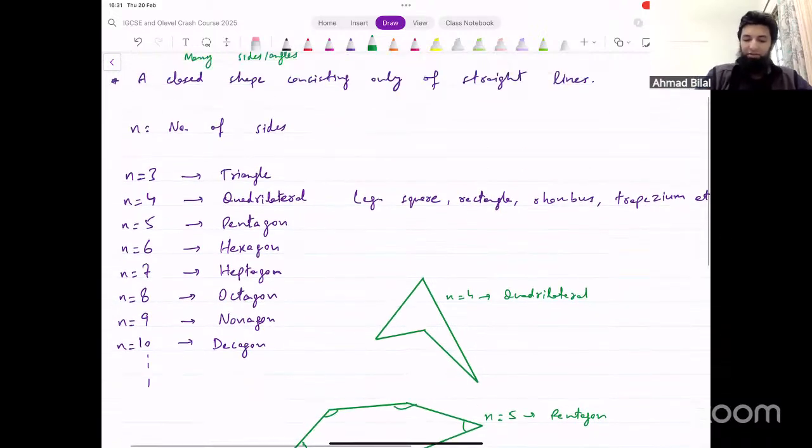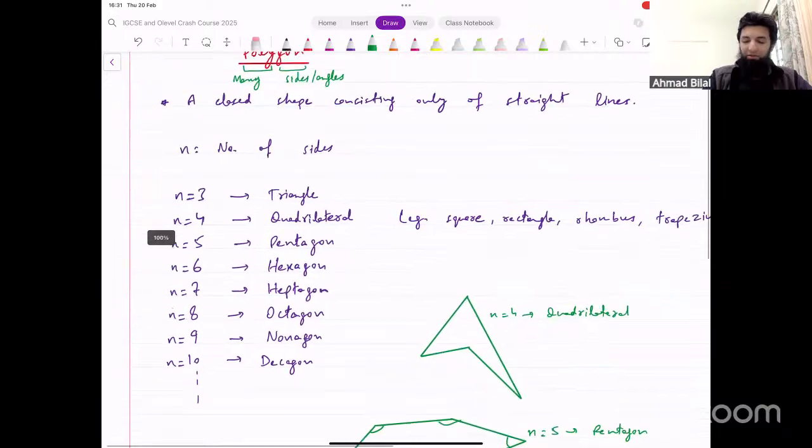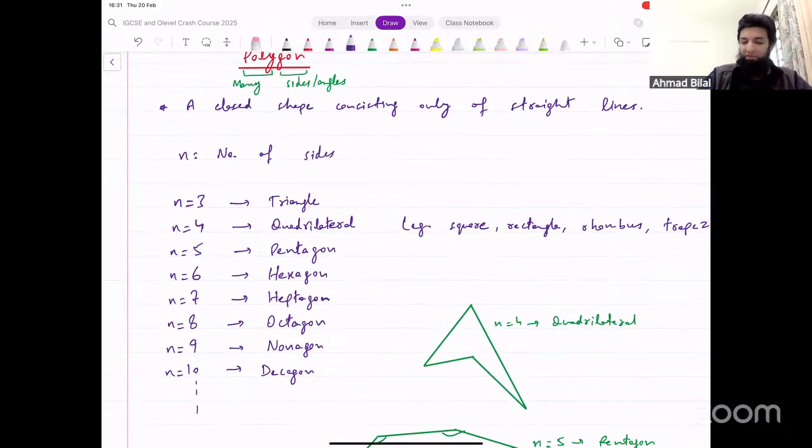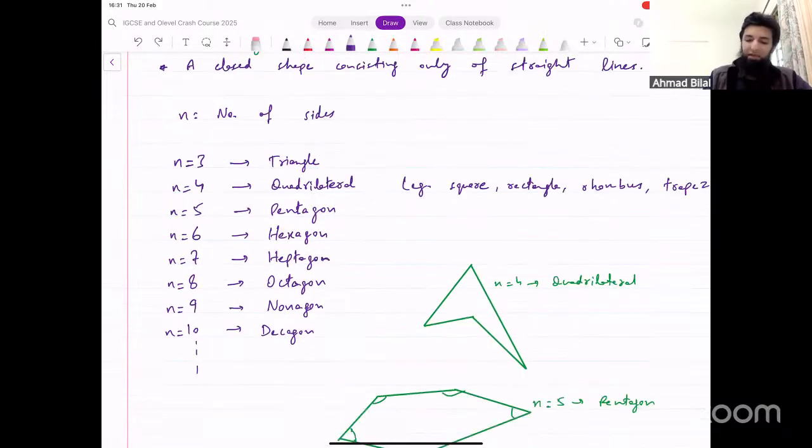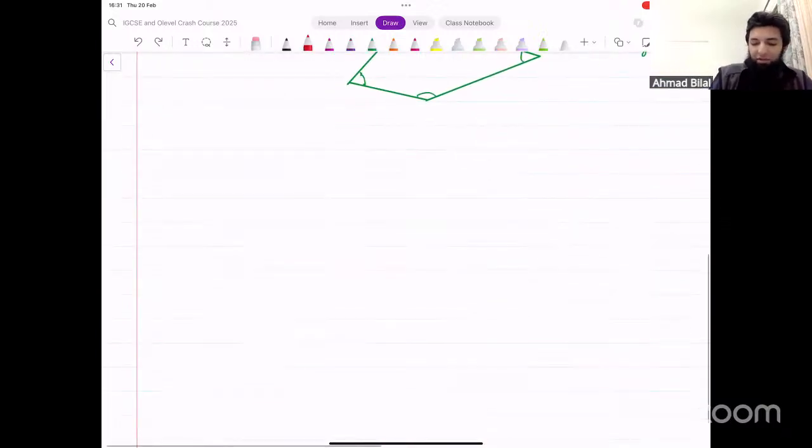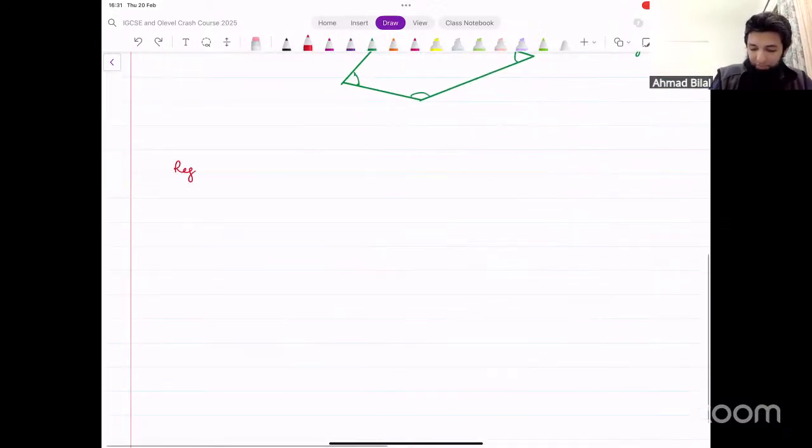Okay, so these are some terminologies that you need to know of, some names of these polygons that you need to be familiar with. Then there's something that we call a regular polygon. Now, what is a regular polygon?